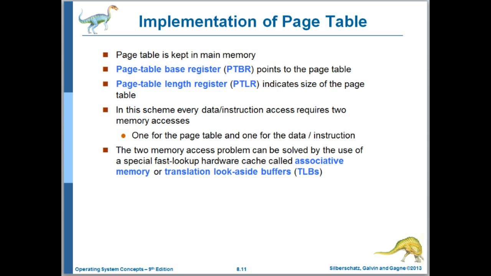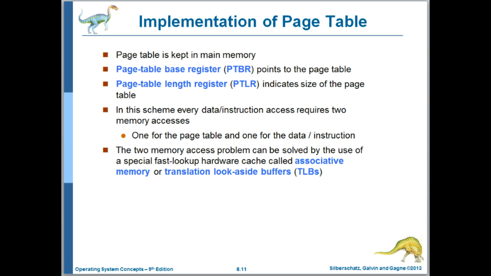So the page table itself is kept in main memory. A page table base register points to the base of the page table, and the length register gives the length of the page table.